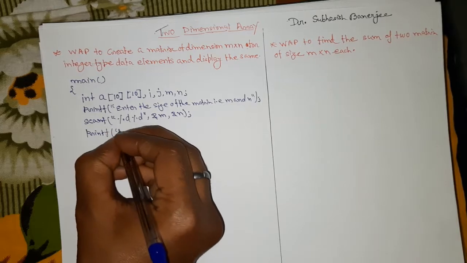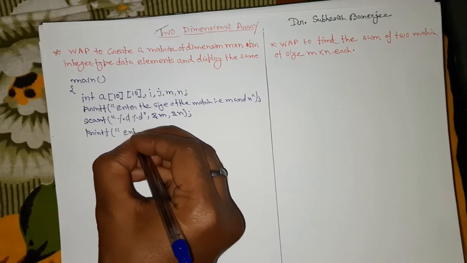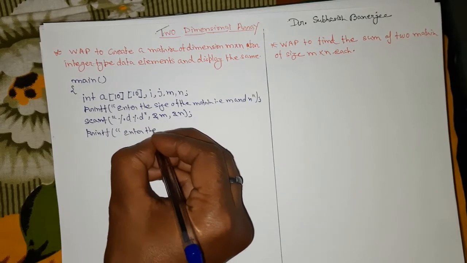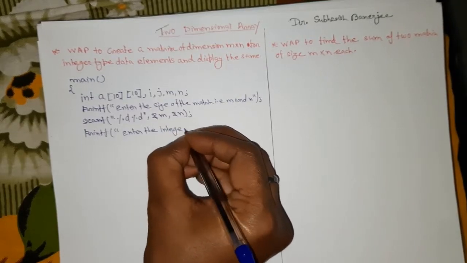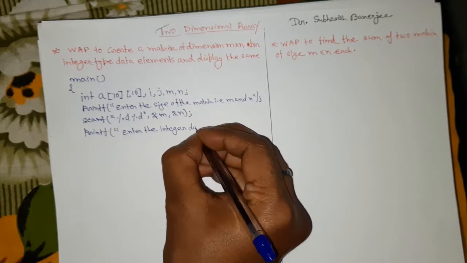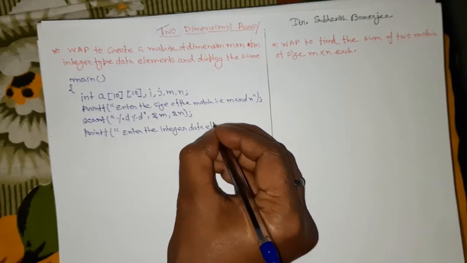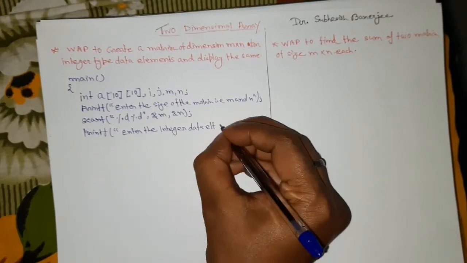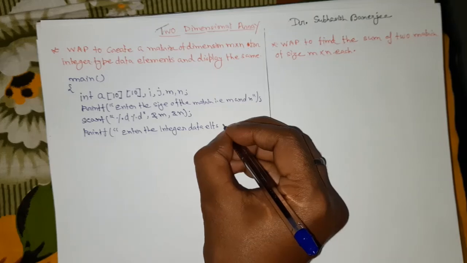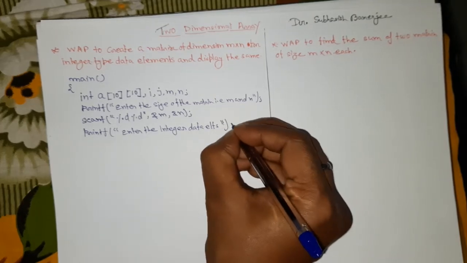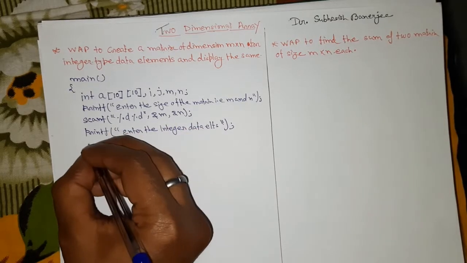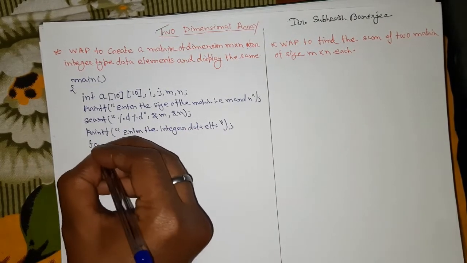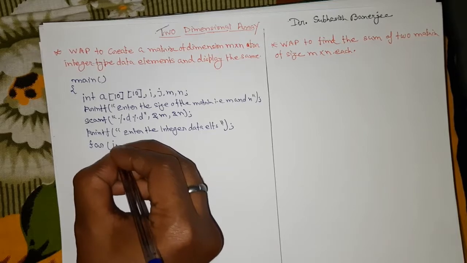So printf, enter the integer data elements. Here, to take the input from the user, we need two loops for defining the rows and columns.